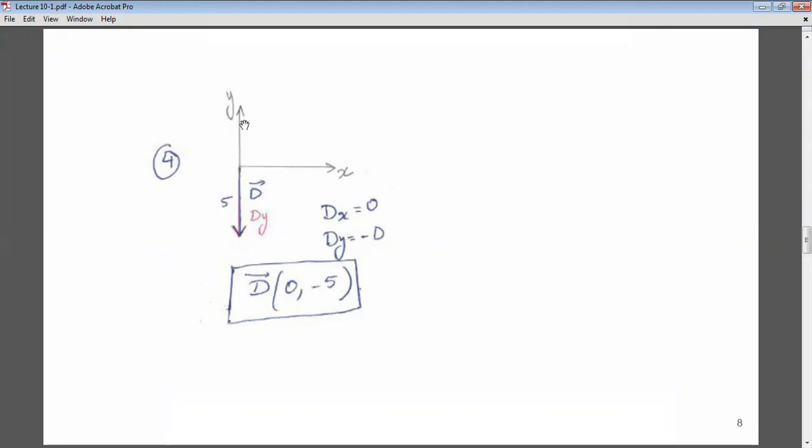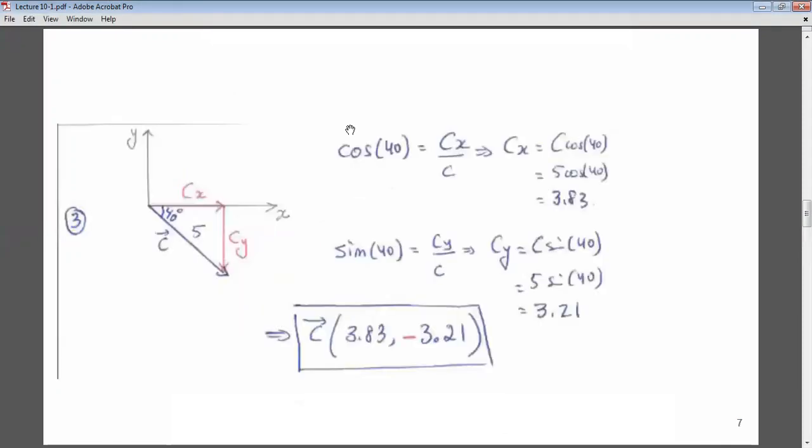All of it is on the y-axis. So DX is 0. And how long do I go along the y-axis? I go 5, but it's in the negative direction. So it is minus 5. So vector D here, it is 0, minus 5. Okay, as simple as this.